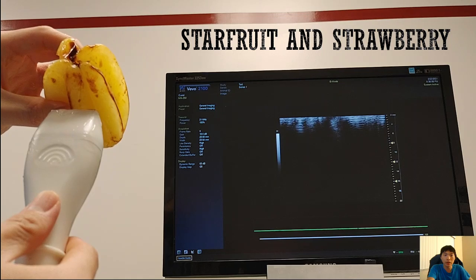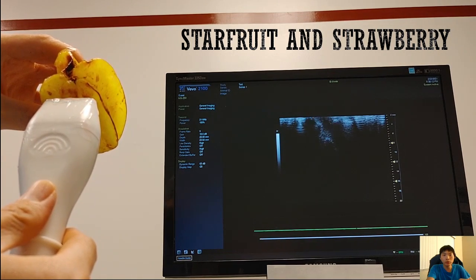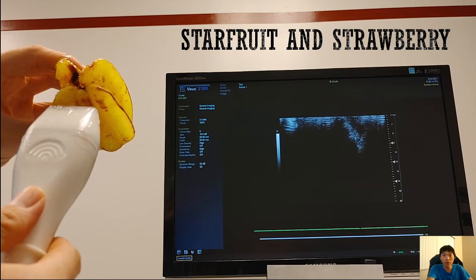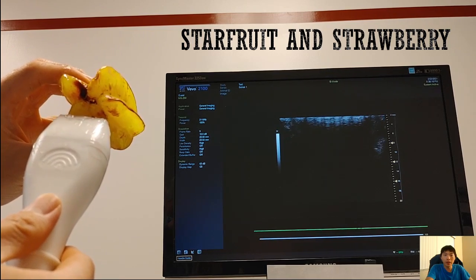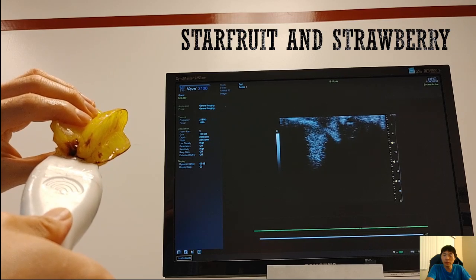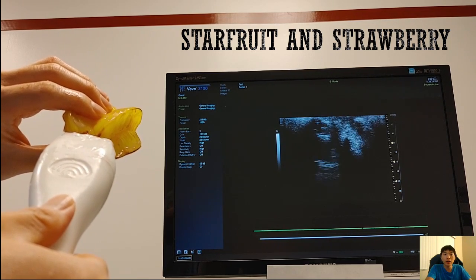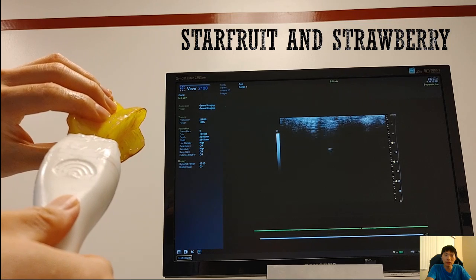Here I will use the transducer to follow the fin up towards the tip of the starfruit, and hopefully you can see a few features in the tip. There are some indentations, and different fins start to appear.